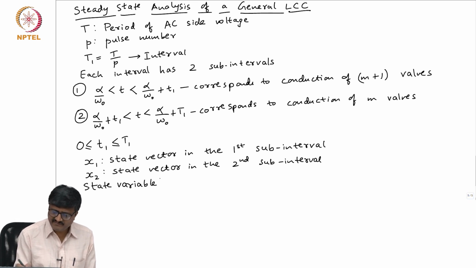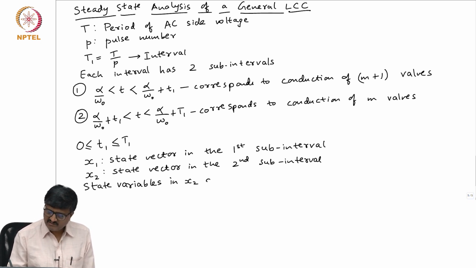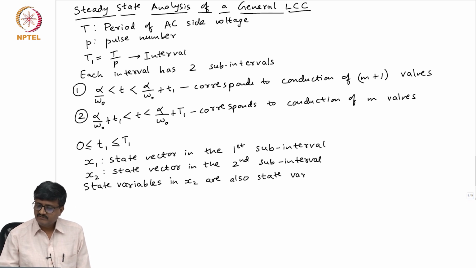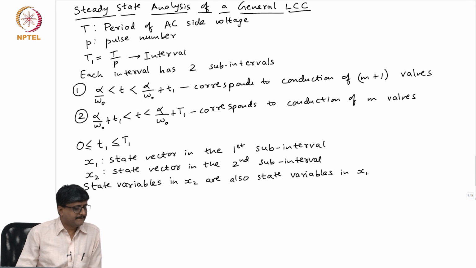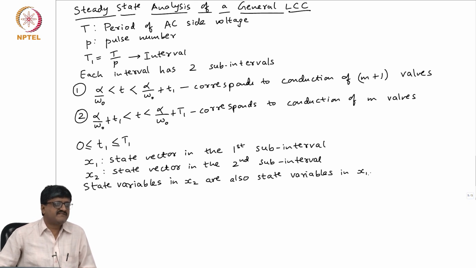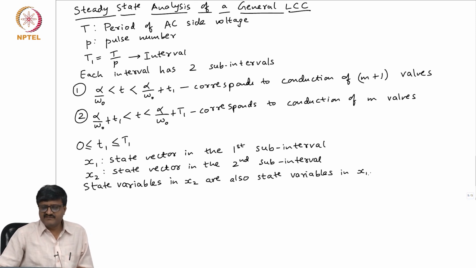State variables are nothing but the elements of the state vector. So, one state variable, which can be considered to be one of the valve currents, is the valve current which goes to 0 in the first subinterval. It is there in x1, but it is not there in x2.